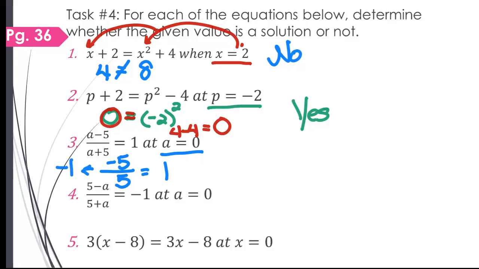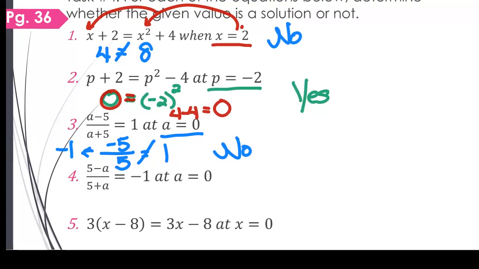Is negative 1 equal to 1? It is not, so that is a no. How about a is equal to 0? If you substitute 0 in for a, we get 5 over 5. Is that equal to negative 1? No, 1 is not equal to negative 1. That is not true.